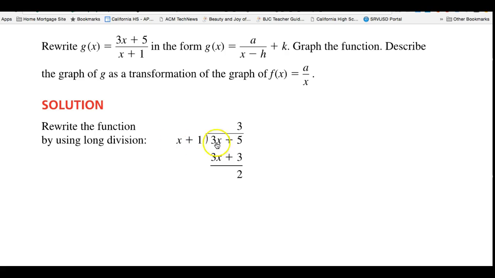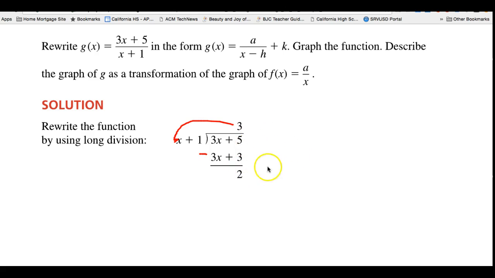So we take 3x plus 5, take our denominator outside, and we want to see what we have to multiply x by to get 3x. So we get 3. Now we multiply 3 times x plus 1, so we get 3x plus 3. We subtract, and we end up with 2.